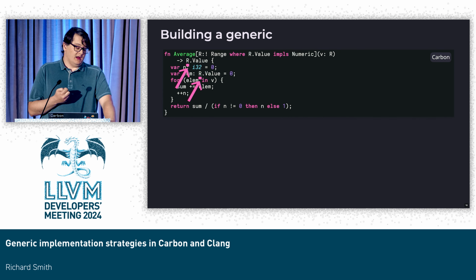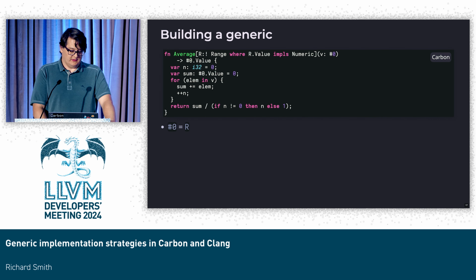And because in our IR, we represent types as a form of value, this means that we're just generically and consistently looking across the operands of all of the operations in the representation for where this thing appears. And we're going to then replace all of those with a reference to the first slot that we create, and keep track that that slot contains the symbolic value of R.